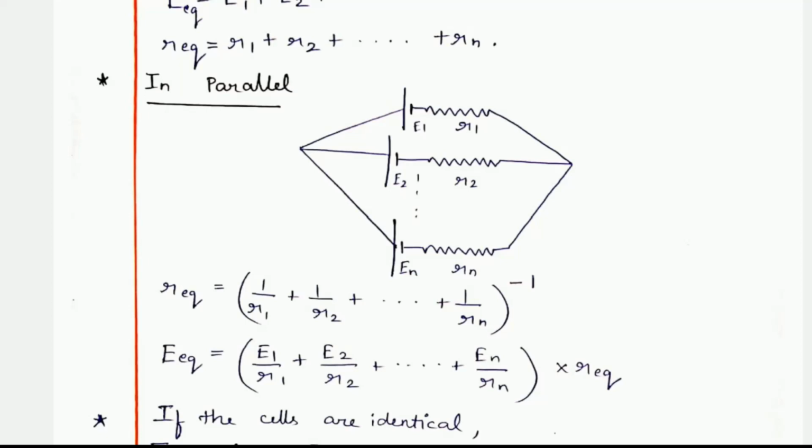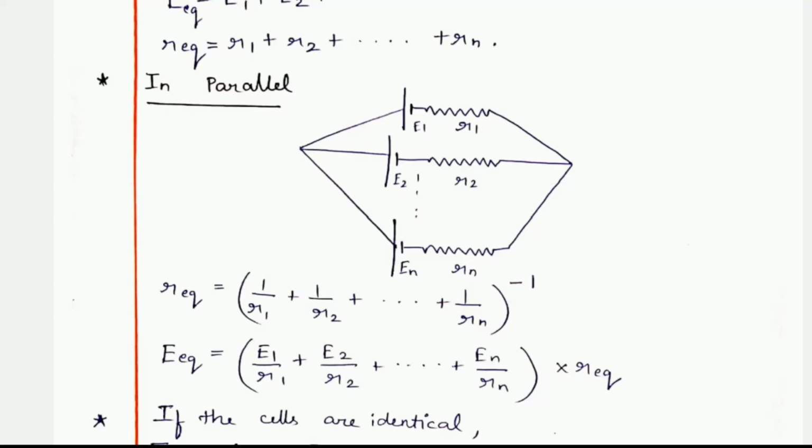That is, the inverses of the resistances are added to get the inverse of R equivalent. So R equivalent will be (1 by R1 plus 1 by R2 plus ... till 1 by Rn) whole to the power minus 1. This is the value of R equivalent. You have read this in class 10th already.